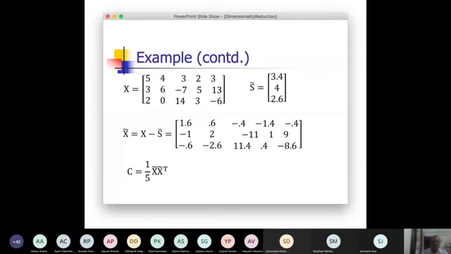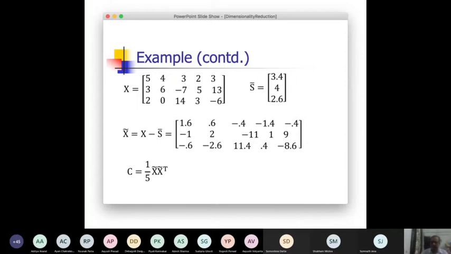Okay. So this is the covariance matrix, and then what do you need to do for finding the principal components? You have to find the eigenvalues and eigenvectors.